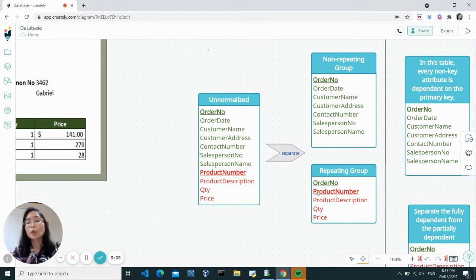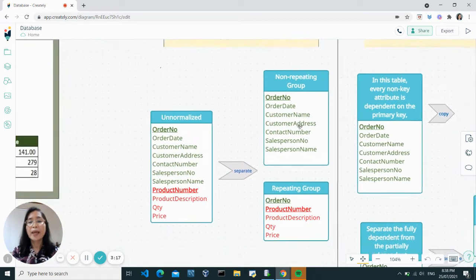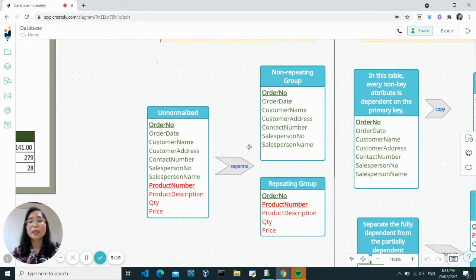For me to know product number, I need to know order number. So from the first normal form, we can say that we have successfully separated the repeating group from the non-repeating group.